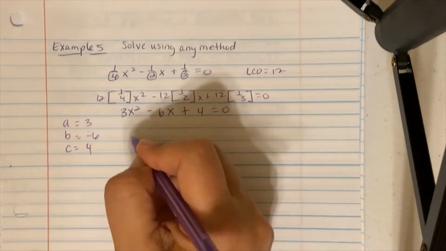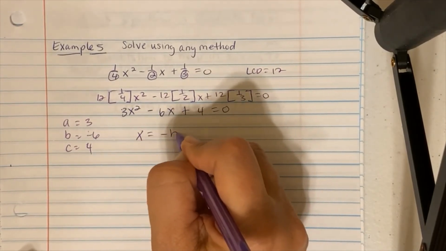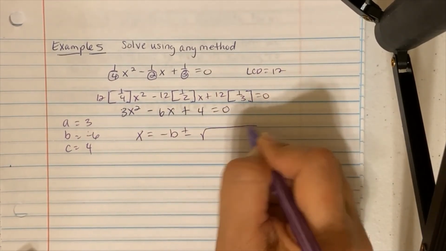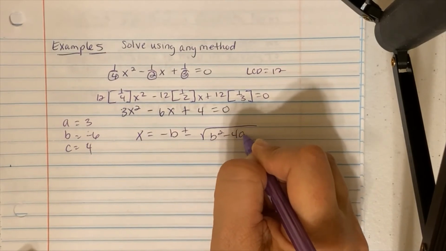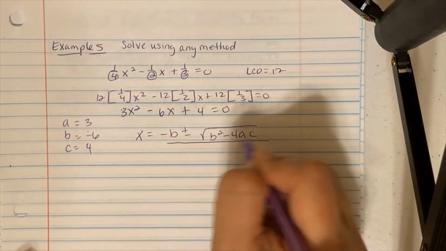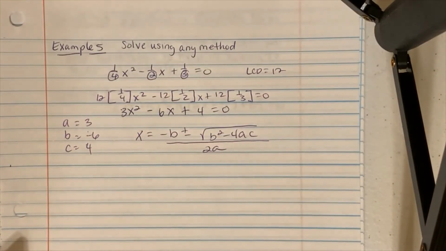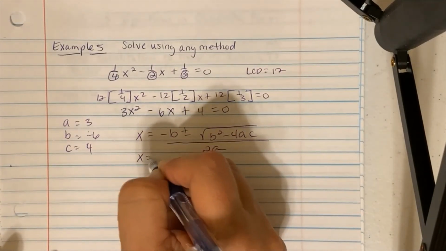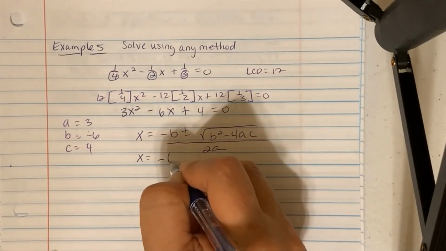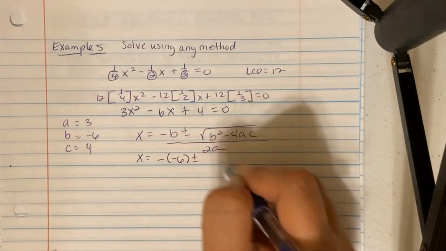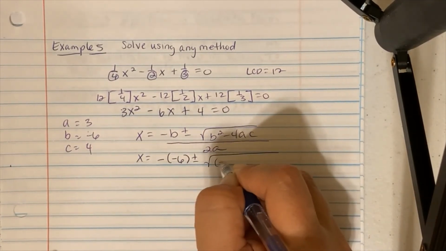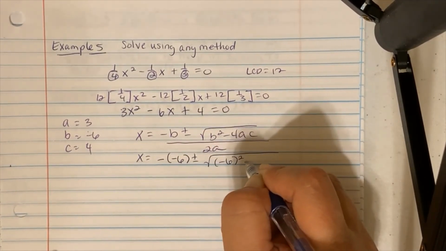Take your equation, x equals negative b, plus and minus the square root of b squared minus 4ac, all divided by 2a. So we're going to use substitution, so it's negative, and in parentheses, -6. Again, -6 is going in parentheses, so you can square it.